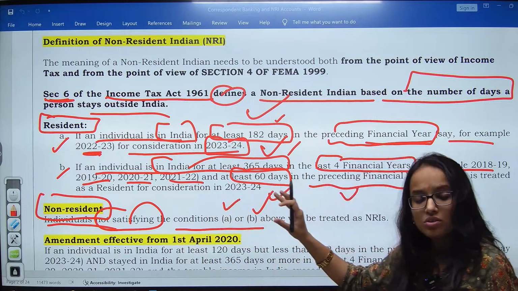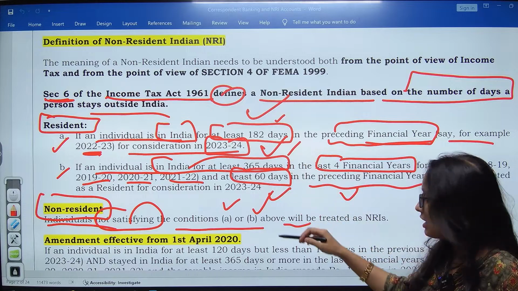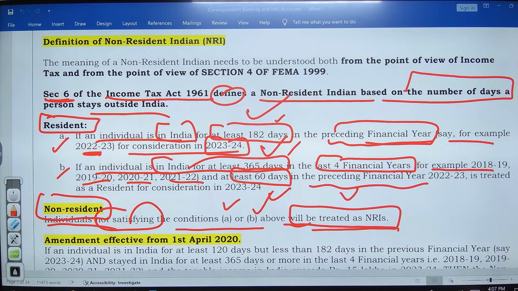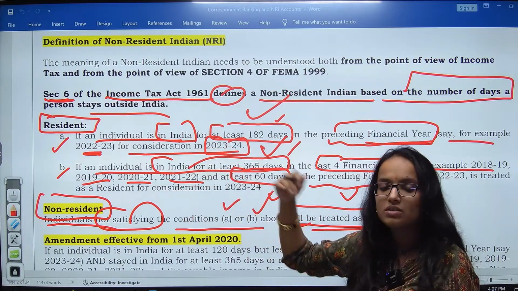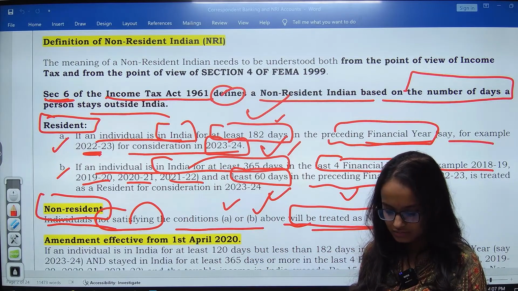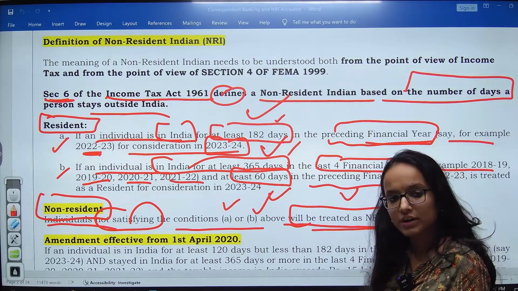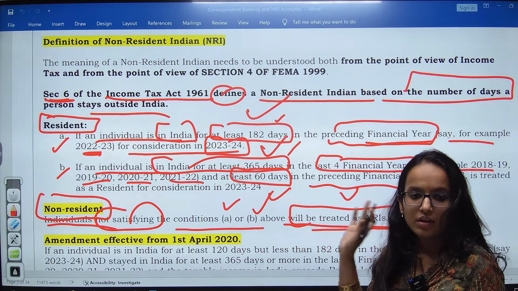So the person who does not satisfy any of the conditions mentioned above, A and B, will be treated as NRI as per the Income Tax Act 1961. So now you got it. Right? Got this point? So this is the classification of resident and non-resident as per your Income Tax Act.